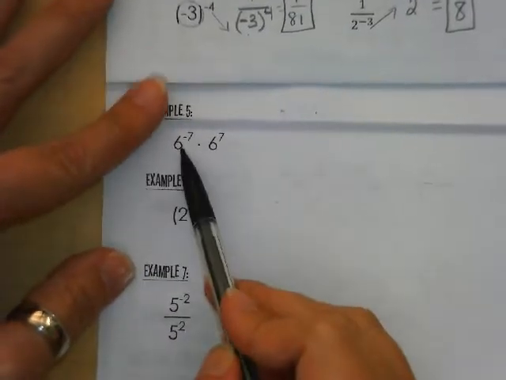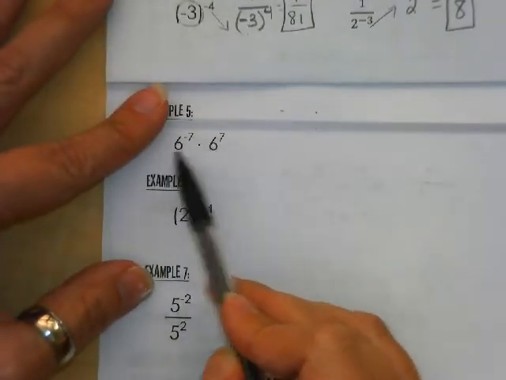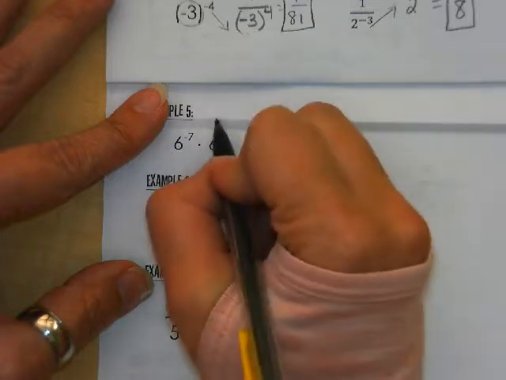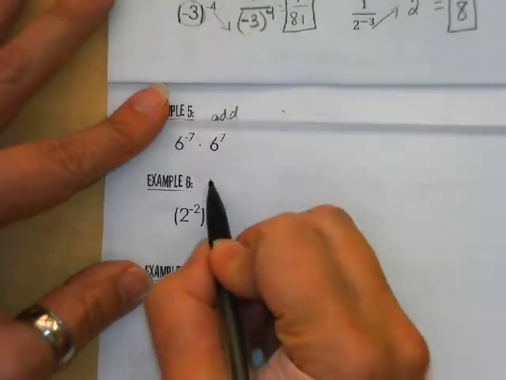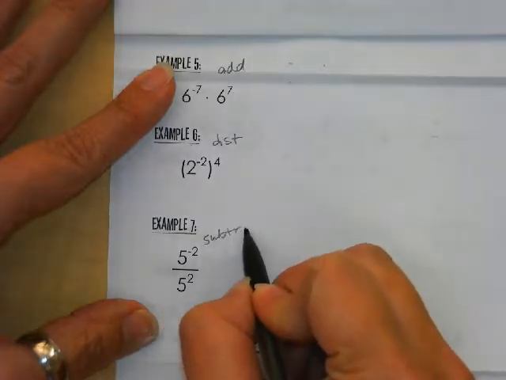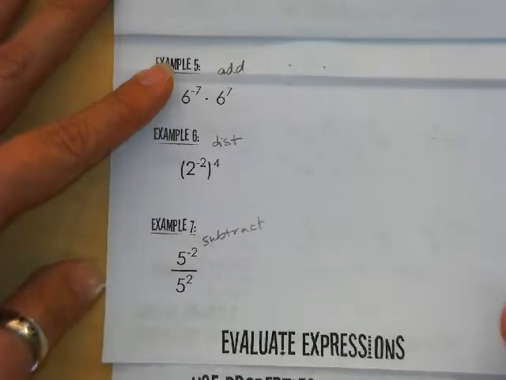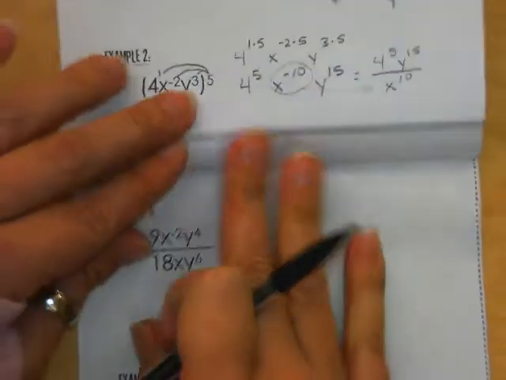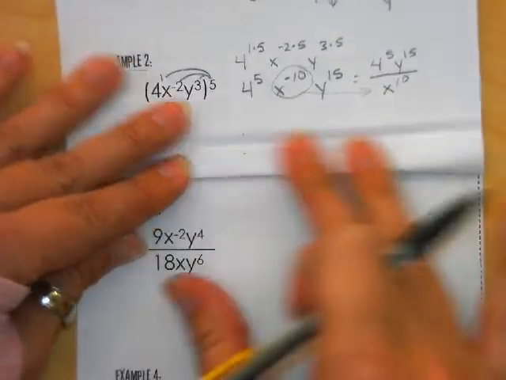I do want you to use your rules from before. Remember, if we have like bases being multiplied, you would add. Here you're going to distribute like we did before, and here you're going to subtract. So you see what happens on 5, 6, and 7. We did 1 and 2 here.